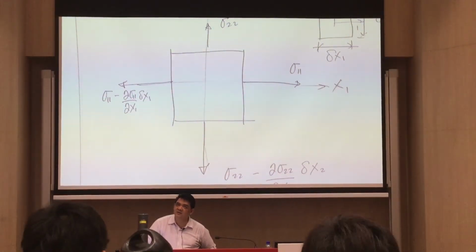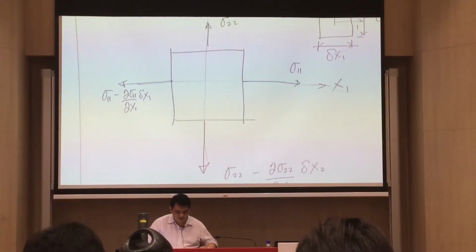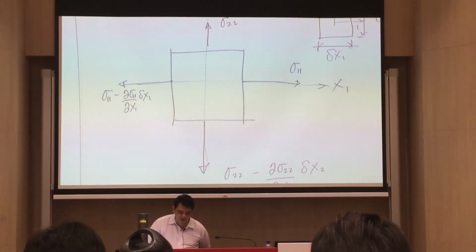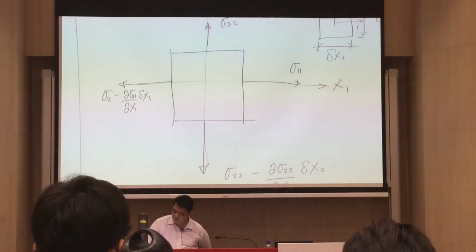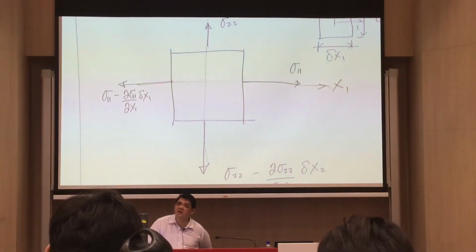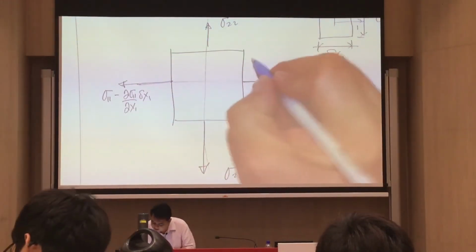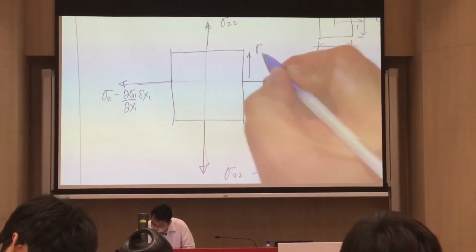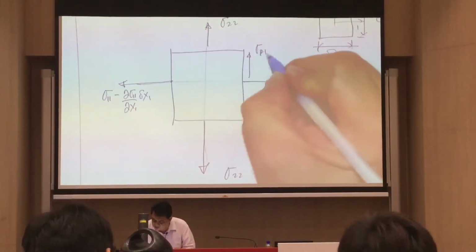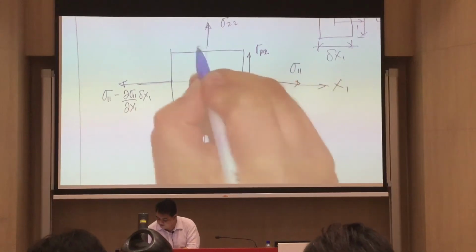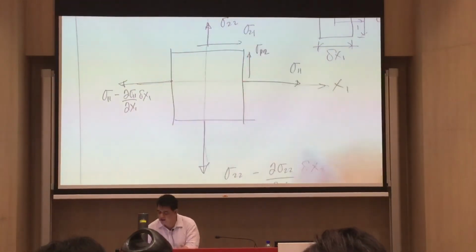What else do we have? We have the shear stress, sigma 2,1 or sigma 1,2. And then we have here sigma 2,1.